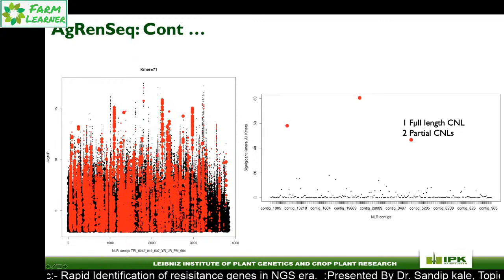Out of these 3 contigs, 1 contig had the full-length NBS-LRR gene, while 2 were partial contigs. So from this, we can rapidly identify the full-length NBS-LRR gene responsible for the disease resistance.